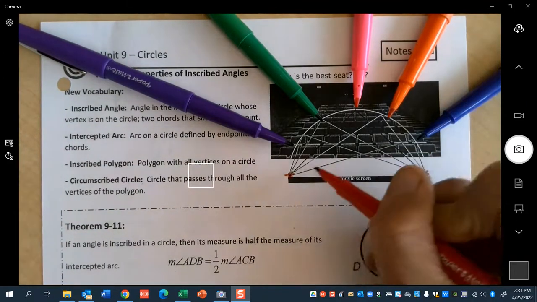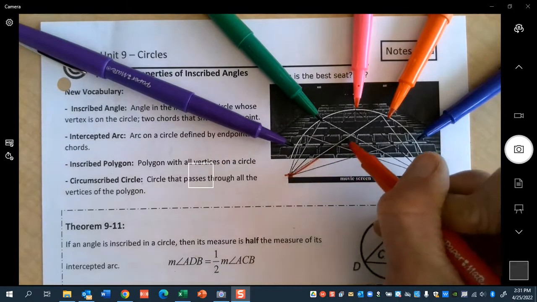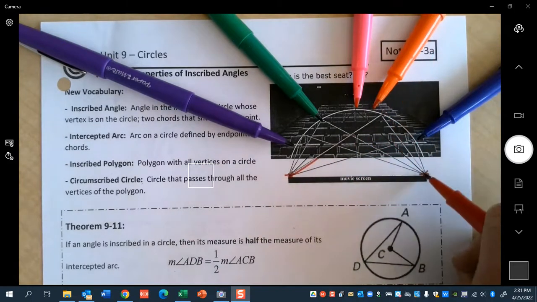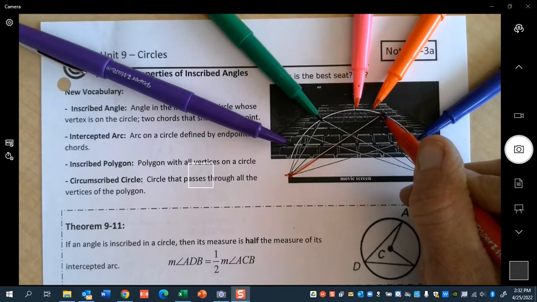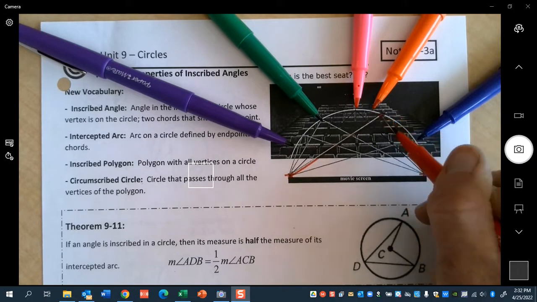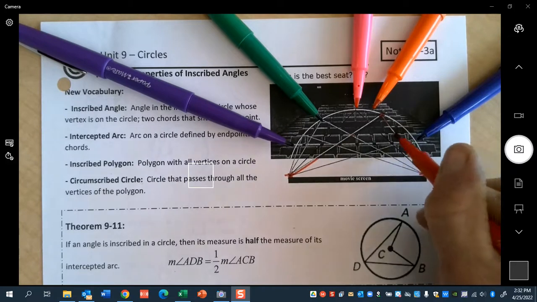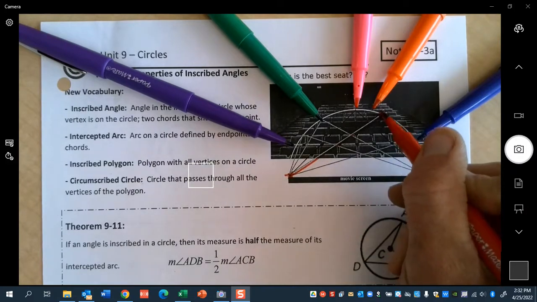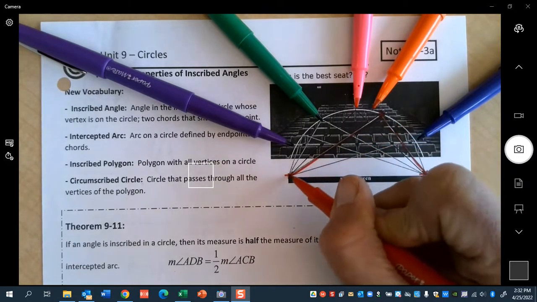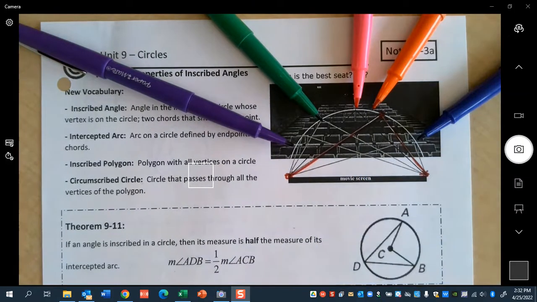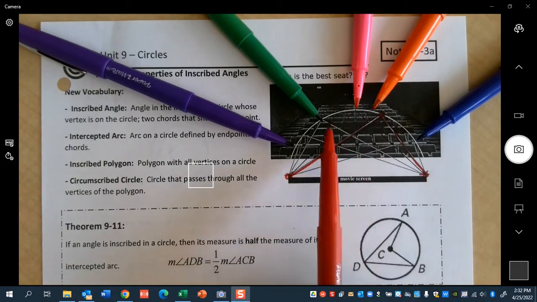And I want you to think of the angle created with the vertex on the circle. And that angle is created from two chords that share that vertex and the endpoints. Every single one of these seats has the same angle.